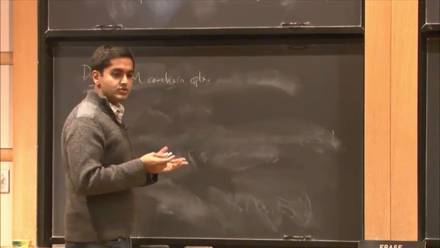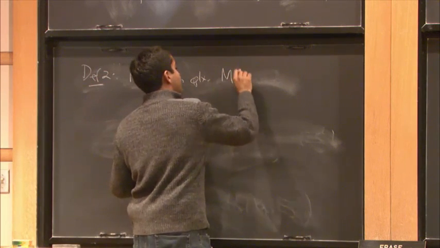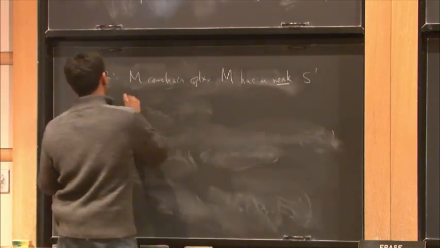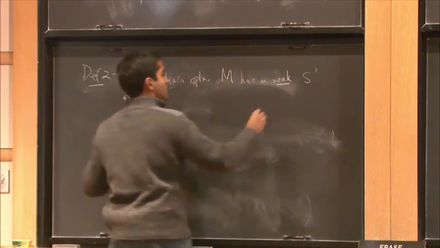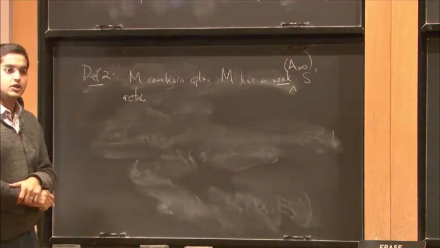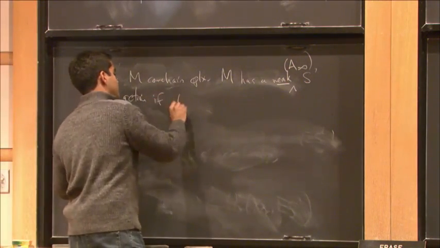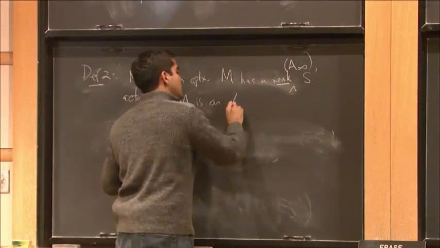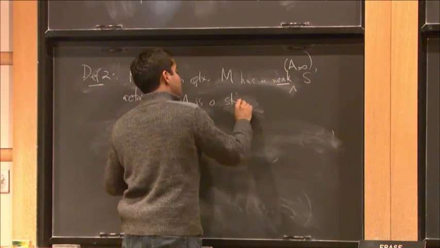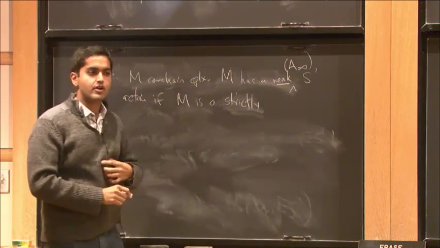a weak S1 action. So M has a weak S1 action, or maybe you could say A infinity S1 action, if M is an, well, let me state a definition and then just explain what it means concretely.